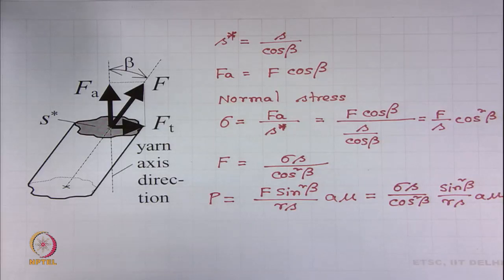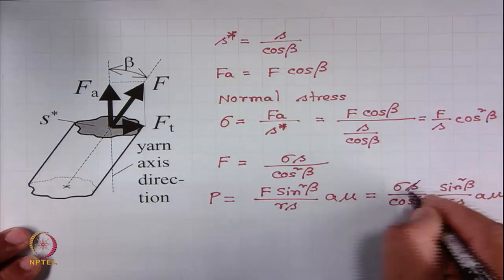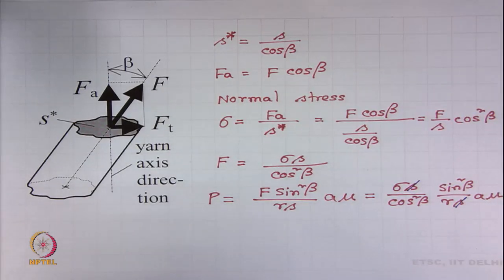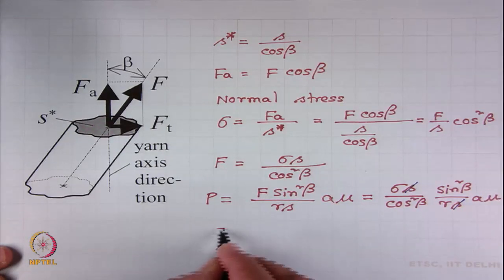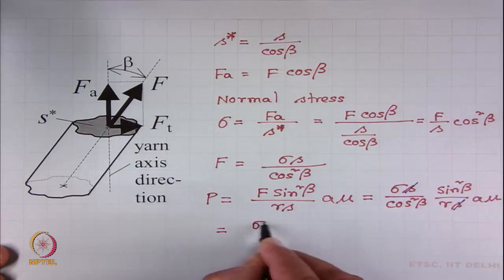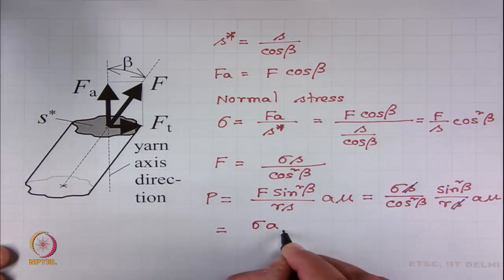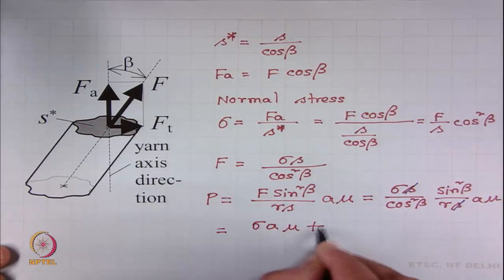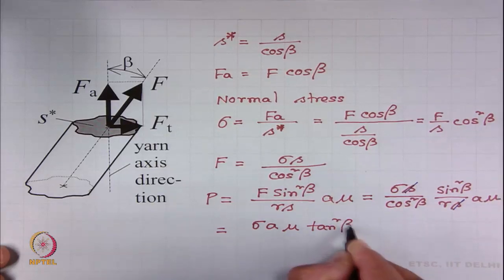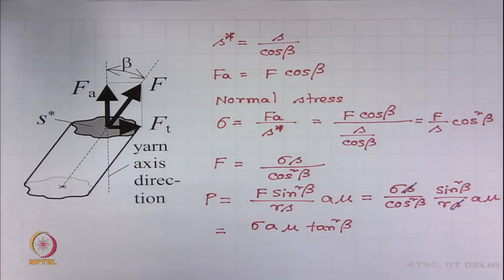So, only this S is getting cancelled out. As a result, what we obtain is sigma a mu tan square beta. Now, what is tan beta?